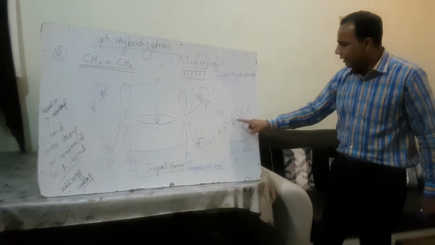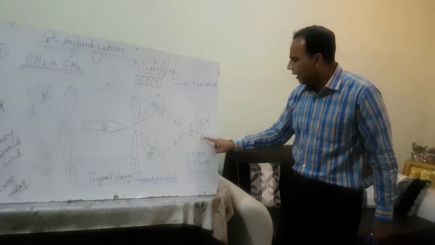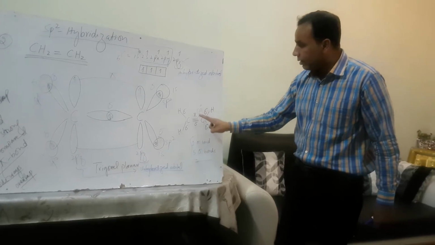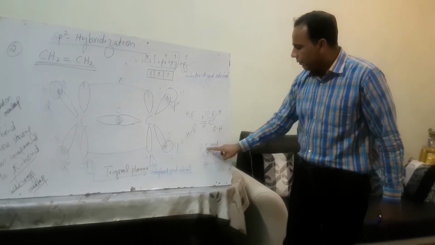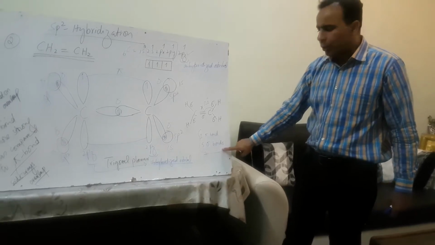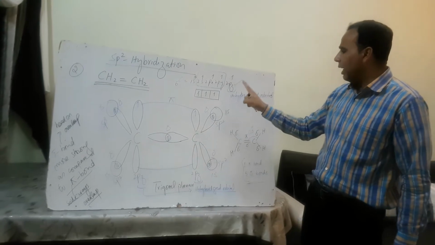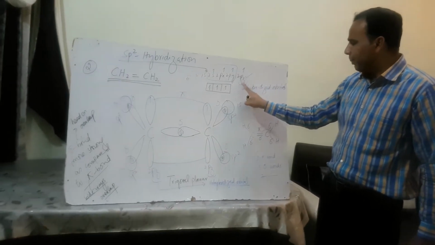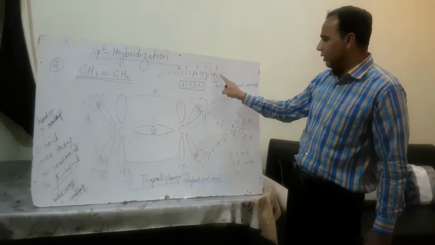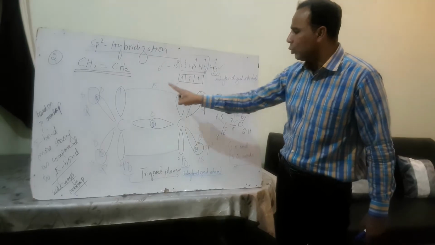The bond angle between hydrogen, carbon and hydrogen is 120, and in the case of ethene 1 pi bond and 5 sigma bonds will be produced. There is one unhybridized orbital present in the case of ethene and sp2 hybridization, that is the 2pz orbital, and this will produce the pi bond.